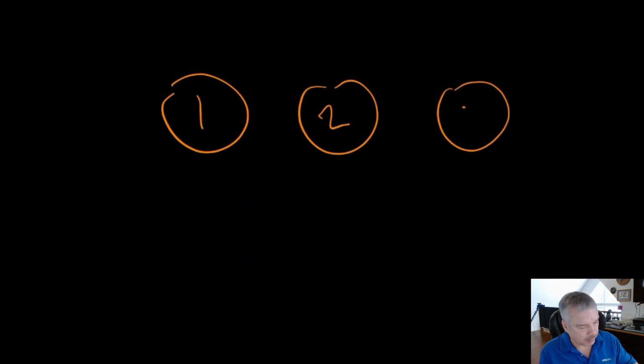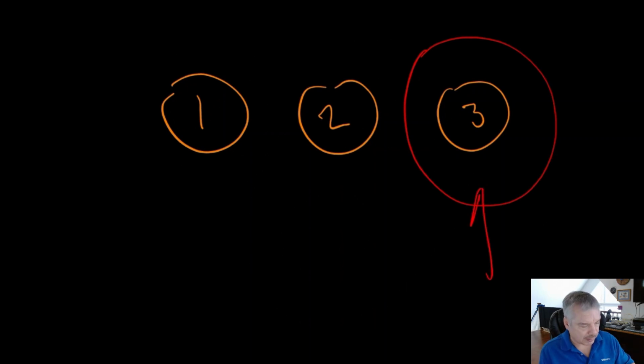Let me go back to this. Let's say I got 1, 2, and 3 appliances. If for whatever reason, let's say one of the appliances, like this one, gets disconnected from the other 2, so it cannot see appliance 1 and 2, this one here will basically go into read-only mode. In other words, it basically says, I'm going to stop functioning and so on.